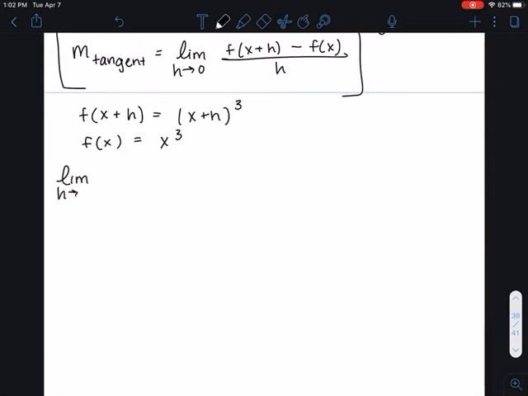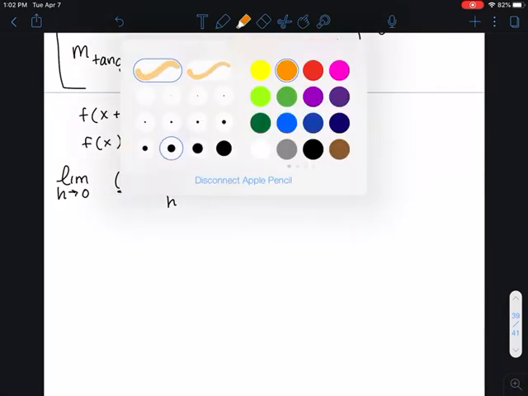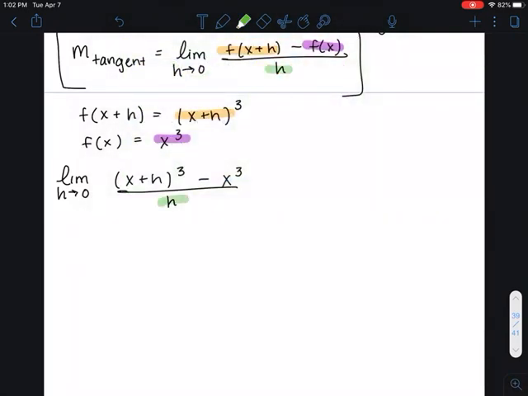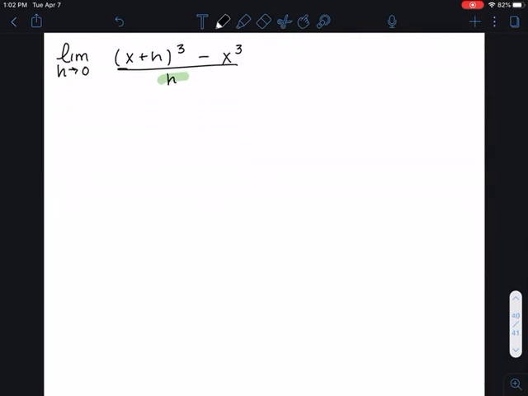Let me write my limit first. Make sure you always write down the limit so you don't forget to do that. So f of x plus h was this, minus f of x, and f of x is x cubed over h.